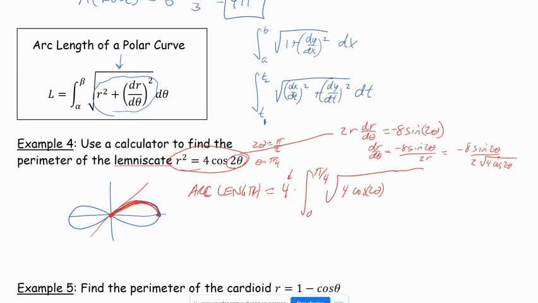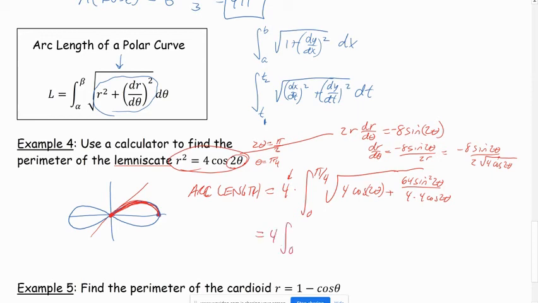So then if we square that, that's going to be 64 sine squared 2 theta over 4 times 4 cosine 2 theta.